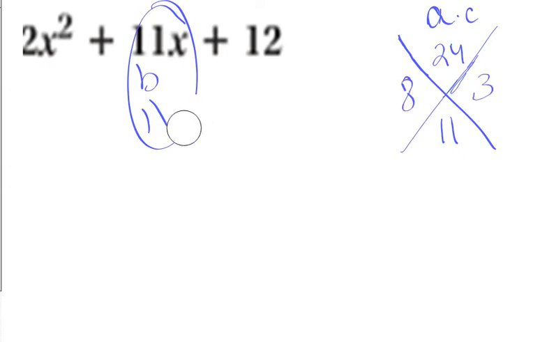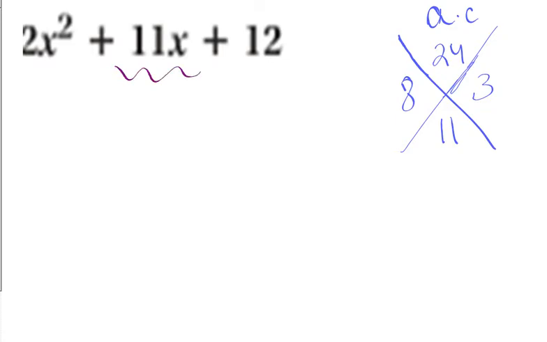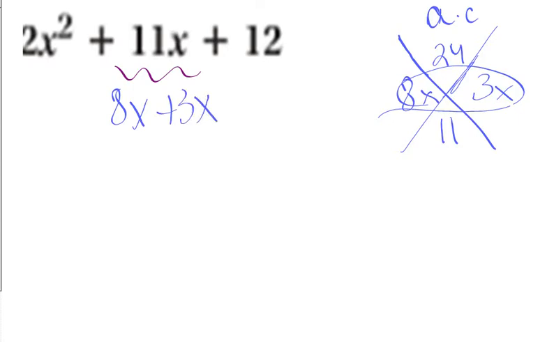What we're going to do is rewrite this b term as a sum of those 2 factors. So we'll make it 8x and 3x, because 8x and 3x is 11x. Let's rewrite 11x as 8x plus 3x, and carry down the first term and the last term.